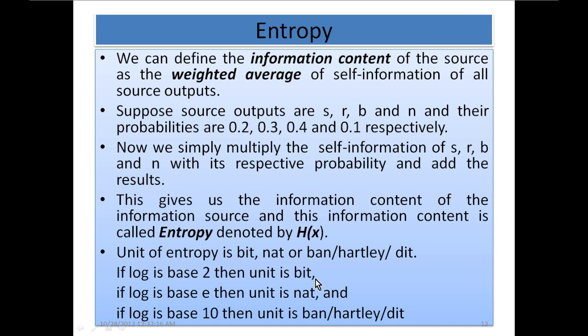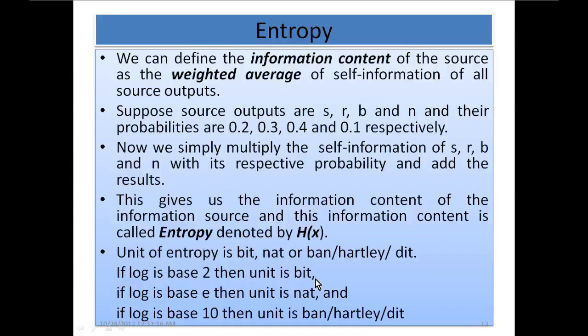Entropy. What is entropy? We can define the information content of the source as the weighted average of self-information of all source outputs. Suppose source outputs are S, R, B and N, and their probabilities are 0.2, 0.3, 0.4 and 0.1 respectively.